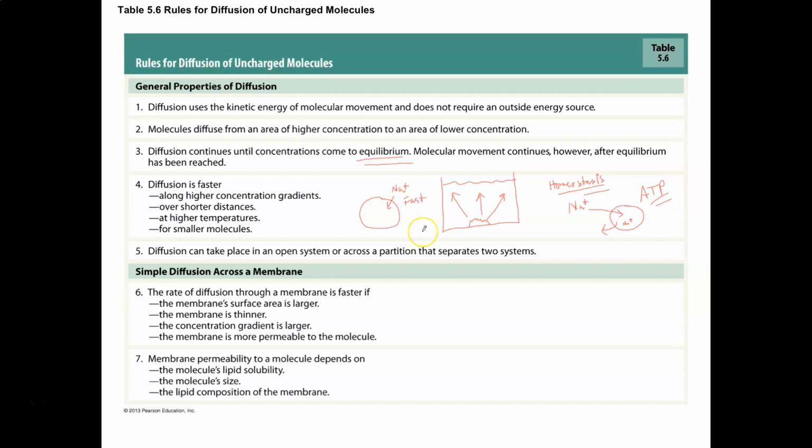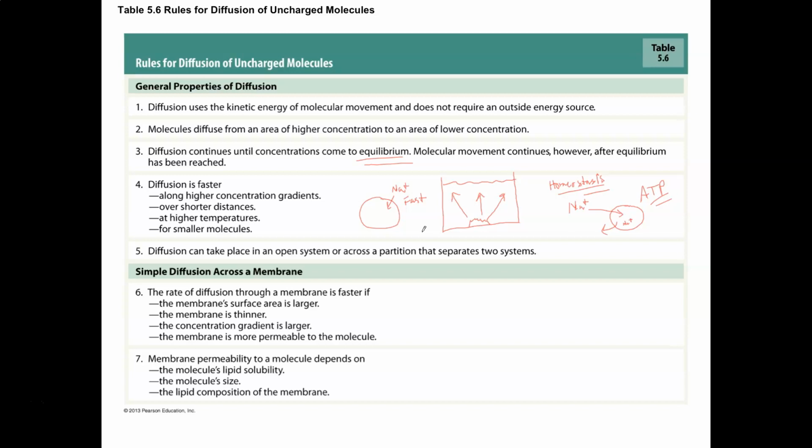But if you were relying on diffusion to move from the digestive system to your foot, if you strictly relied on diffusion, that's going to be a slow process. So diffusion is good over short distances, but it's going to take a lot longer over larger distances. So we rely on our circulatory system when we're trying to move things over longer distances.